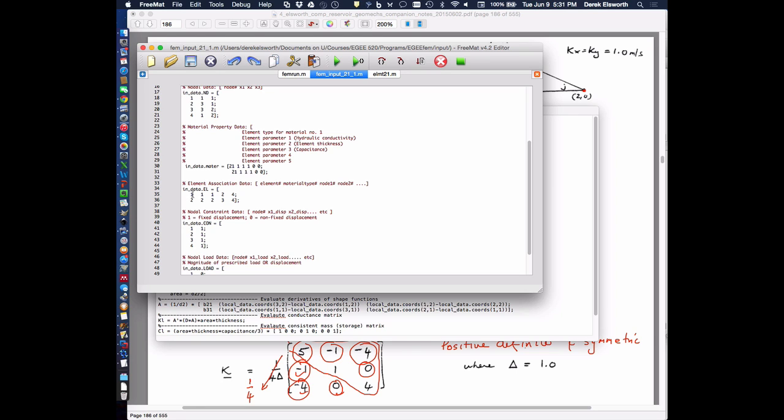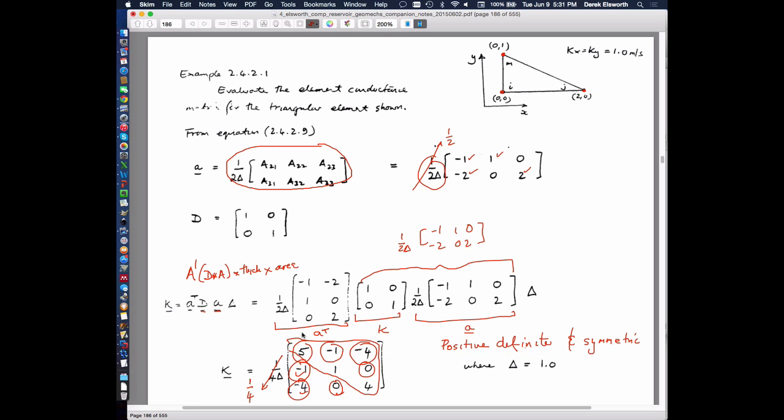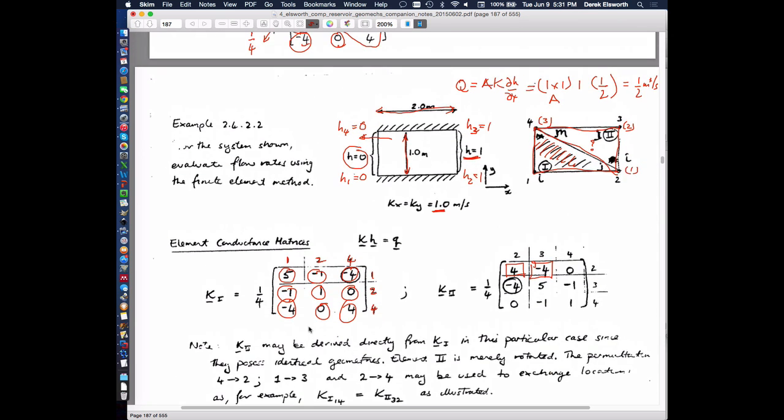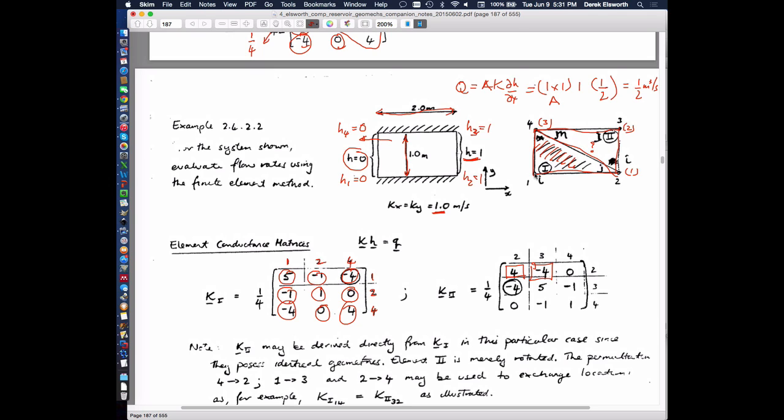So this is element number 1. It has material number 1, and local node 1 is equal to global node 1. Local node 2 is equal to global node 2, and local node 3 is equal to global node 4. So is that right? Local 1 is global 1, local 2 is global 2, and local 3 is global 4.